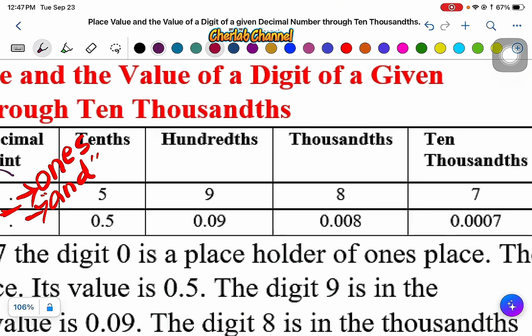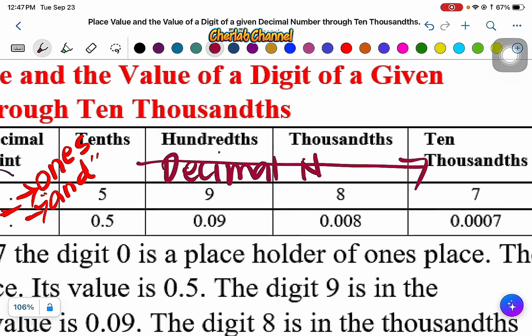Since papunta siya ng right, these are the decimal numbers. Papunta ng kanan, ang tawag ay decimal numbers. So, from the given example, may 4 tayong numbers: 5, 9, 8, and then 7. Which means it would be read as ones, tens, hundreds, thousands.